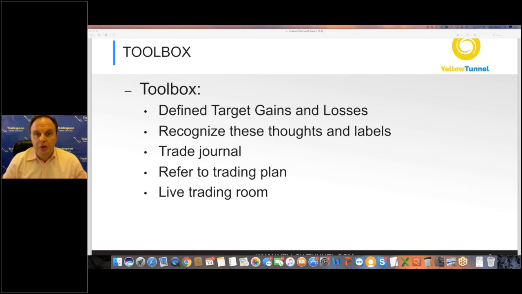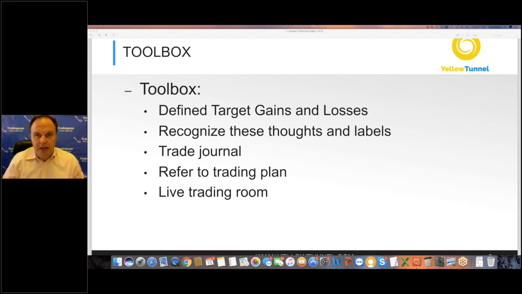So now that you know that you view your target gains and stop losses differently emotionally, it is very important to write them down before you get into the trade, and that will help you avoid cutting your gains short and concentrate on a long-term perspective for your trading plan, right? The trading journal and trading plan will help you have a longer-term perspective.